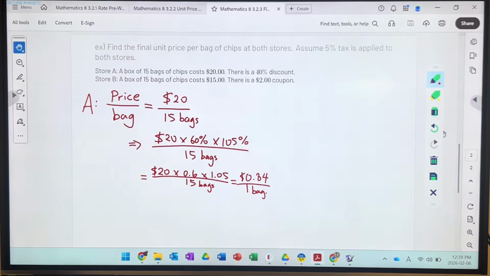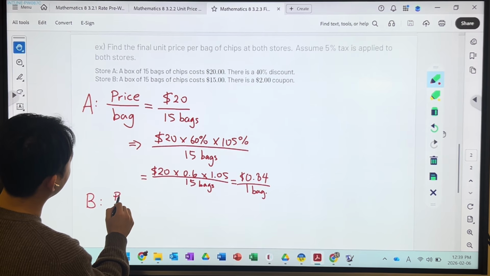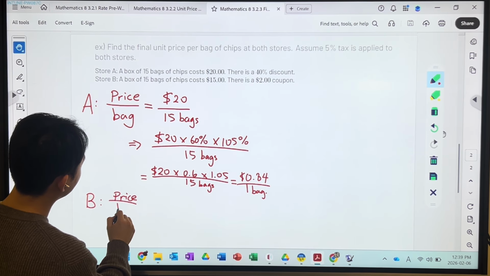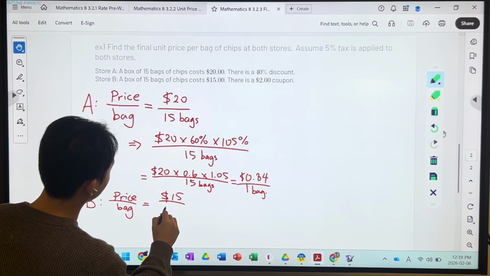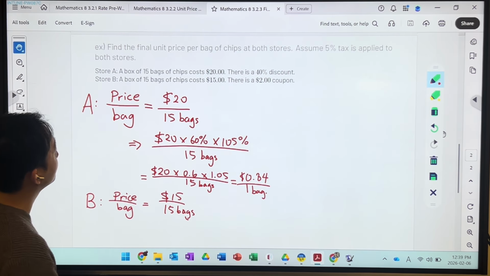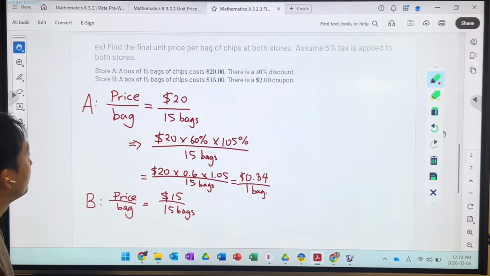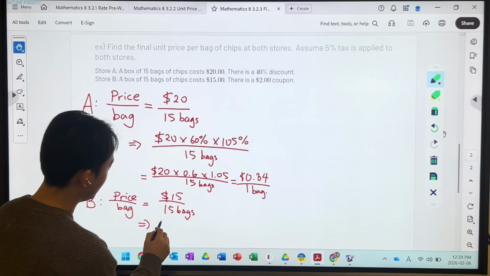Let's do the same thing with brand B. The price per bag used to be $15 per 15 bags. So obviously brand B is a lot cheaper in the beginning. But let's apply the discount.